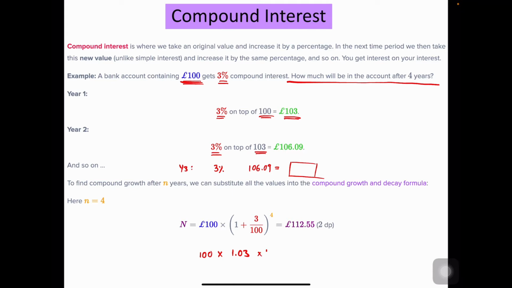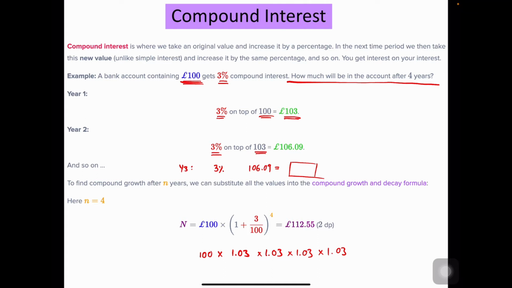Then multiplied by 1.03, this total would give you the amount which is in your account after 2 years, multiplied by 1.03 again, which would give you the value which is in your account after 3 years. And if you multiply by 1.03 again, that would give you the total money you have in your account after 4 years.